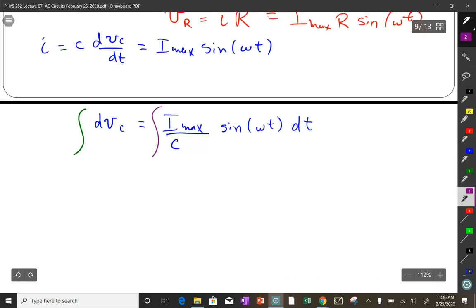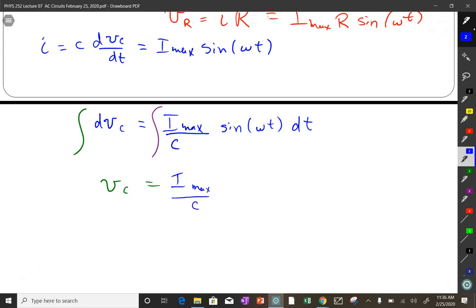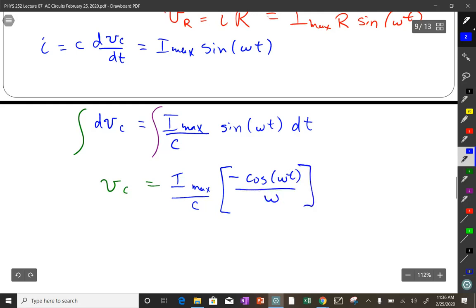What's the integral of dVc? Vc. So I'm going to have for my answer Vc equals, and on this side, what's the integral of sine of omega t? That's going to be negative omega cosine omega t, over omega.